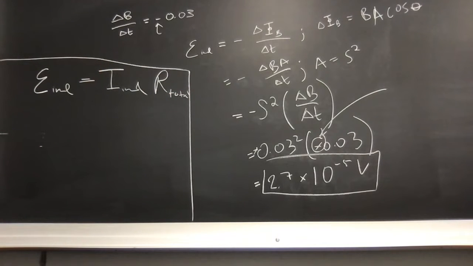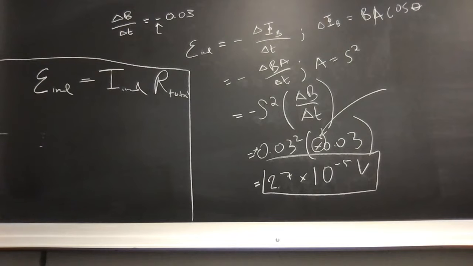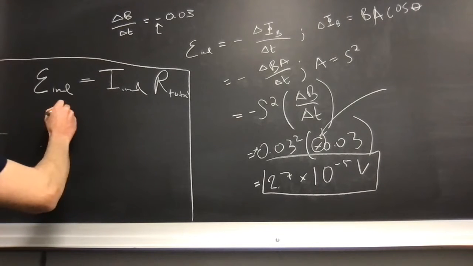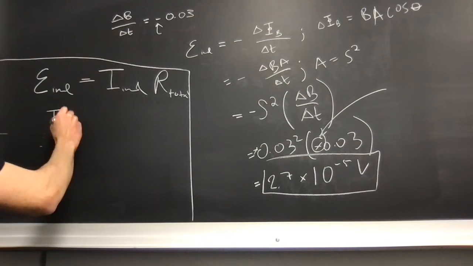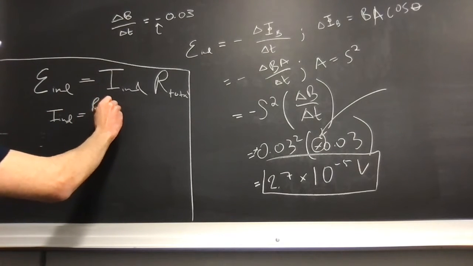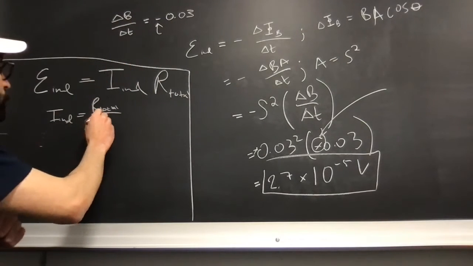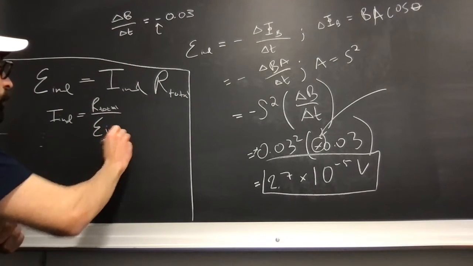So let me do it in steps. We're going to write R total here, which means there's a resistance relative to each side. What we need to do now is rearrange the equation. We have I induced equals the EMF over that R total, that total resistance. We're recognizing every single side. This is just one wire, but a multi-side situation.